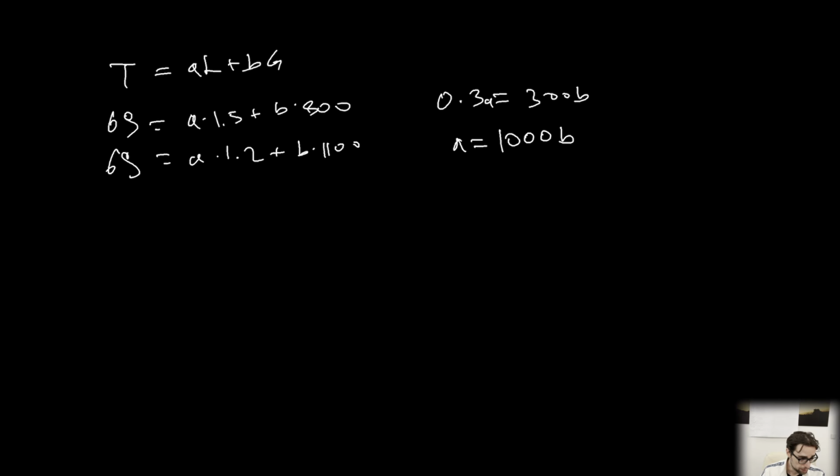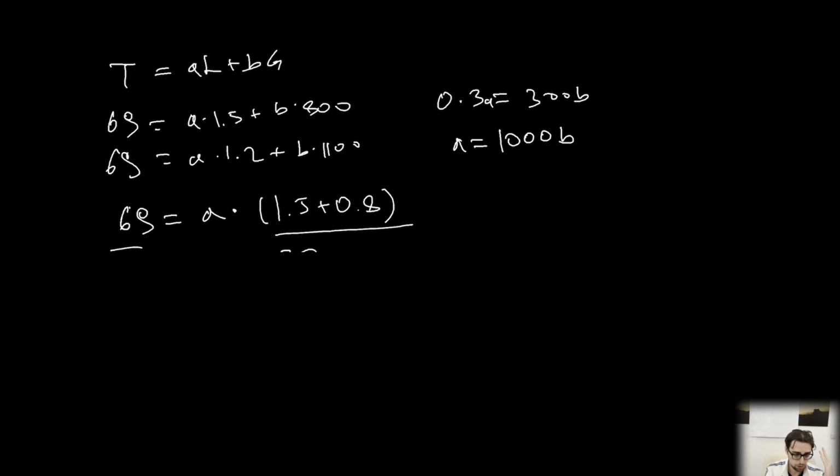So instead of a, we can write 1000b here, or instead of 1000b, we can write a. It's the same thing. We get 69 is a times 1.5 plus 0.5. So this is 23. That's why it's nice. 23 divided by 69. You get that a is, actually it's 2.3, so it becomes 30.